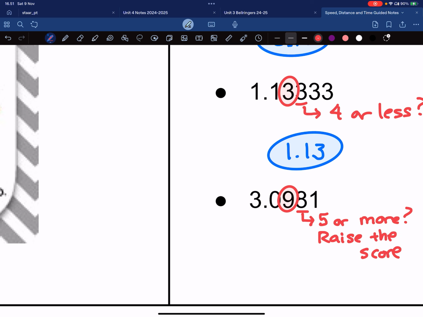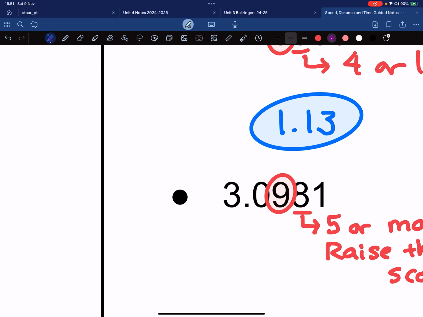Now, here's where it gets interesting. This number right here is 5 or more. So this number right here has to become 10. 9 goes to 10. So that means that this whole number goes in this place.